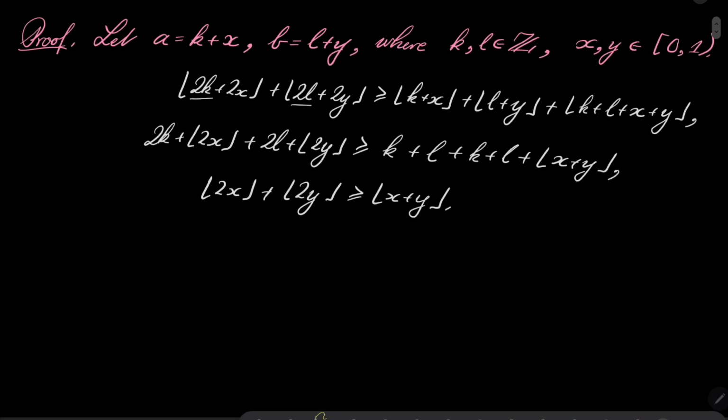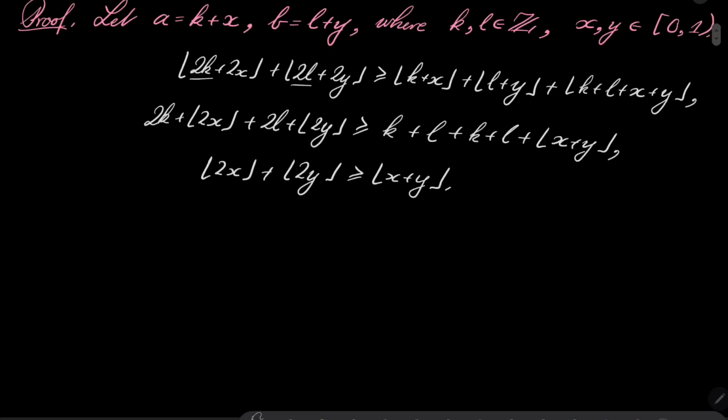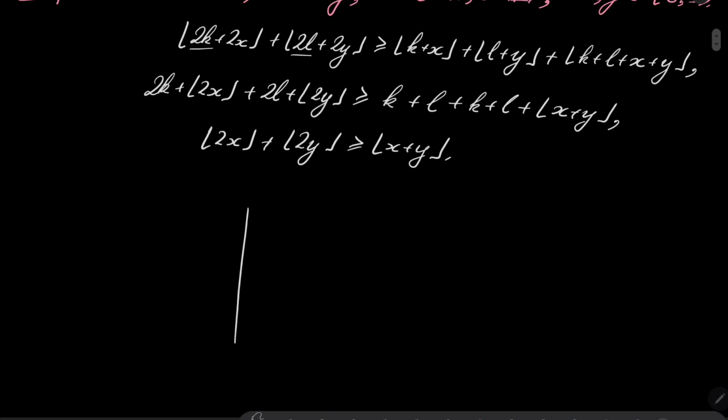Let's consider a unit square with side 1. Let's investigate the value first of floor of x plus y. Well, if x plus y is less than 1, this floor is 0.